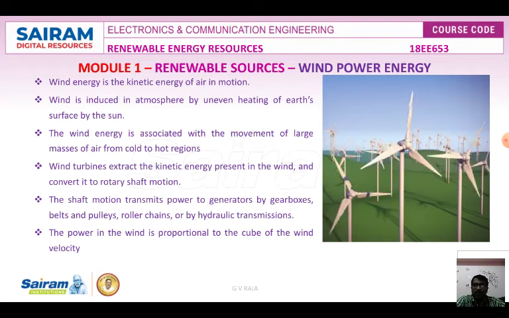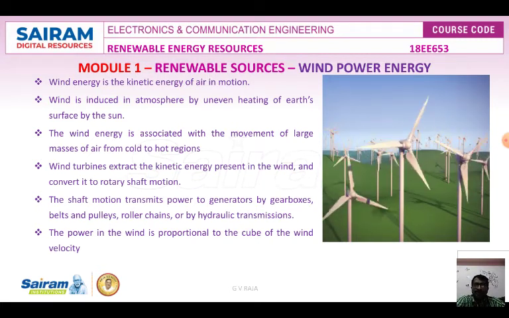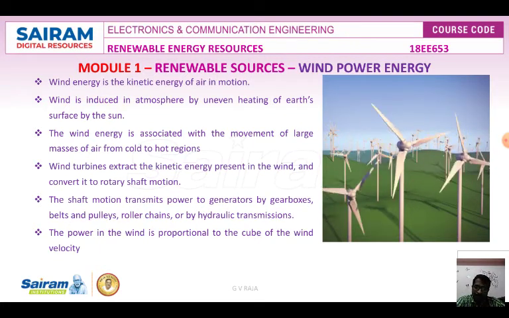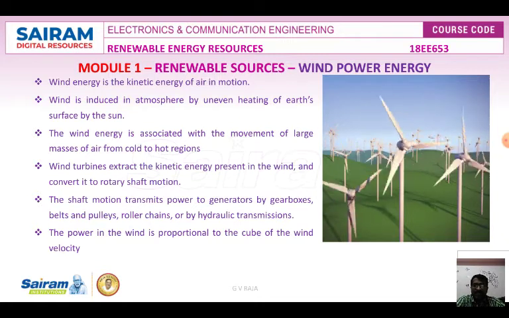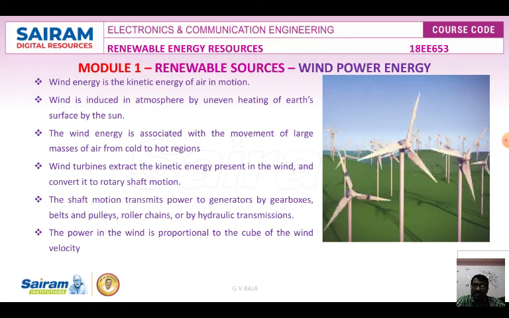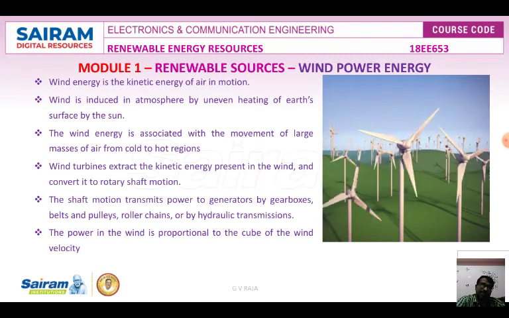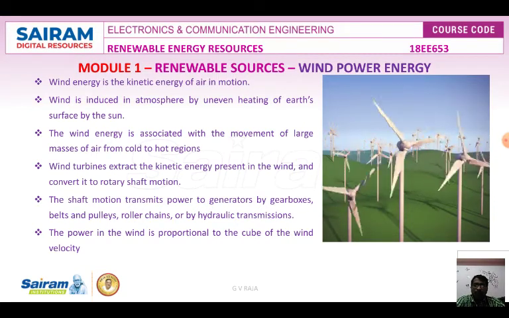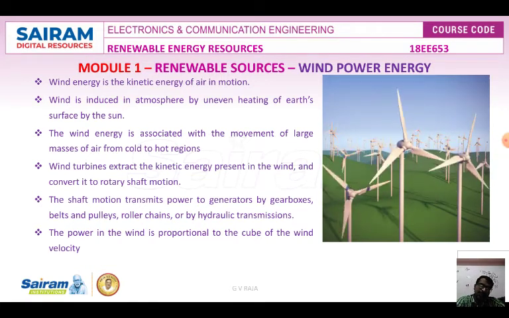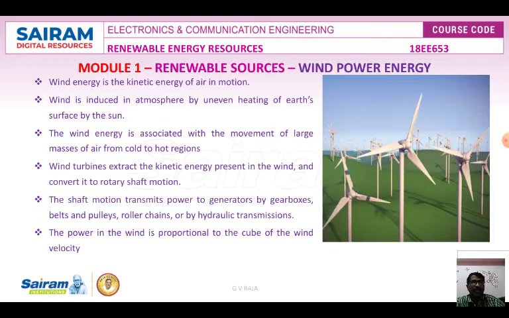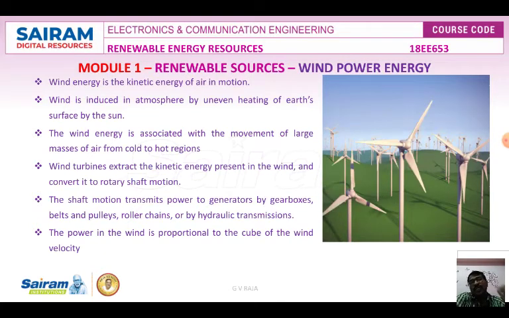The shaft motion transmits the power to generate electricity with the help of generators, gearboxes, belts, pulleys, roller chains and hydraulic transmissions. The power in the wind is proportional to the cube of the wind velocity. It depends on the velocity of the wind, the size of the blade, and what kind of turbine we use inside the windmill station.